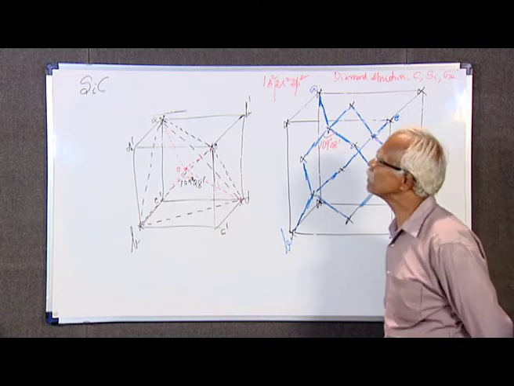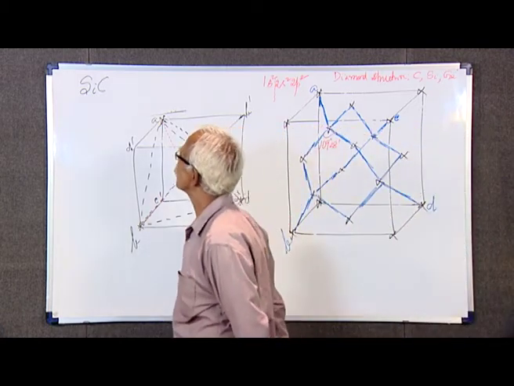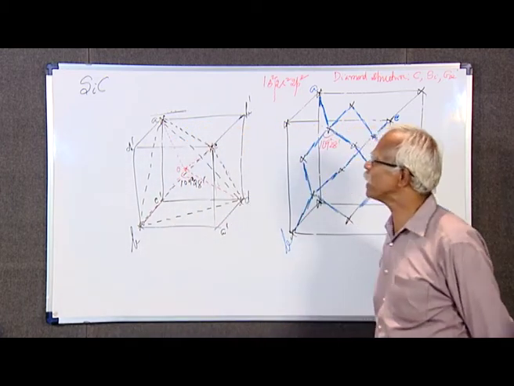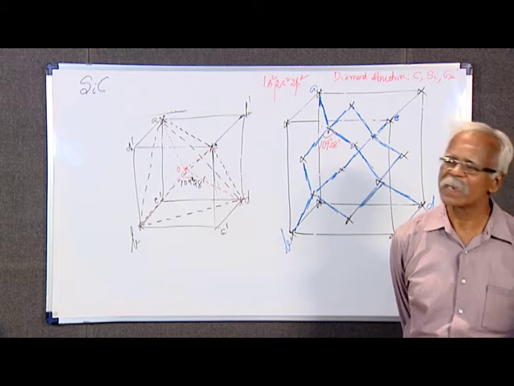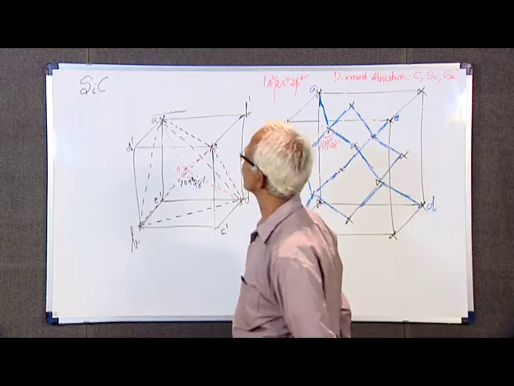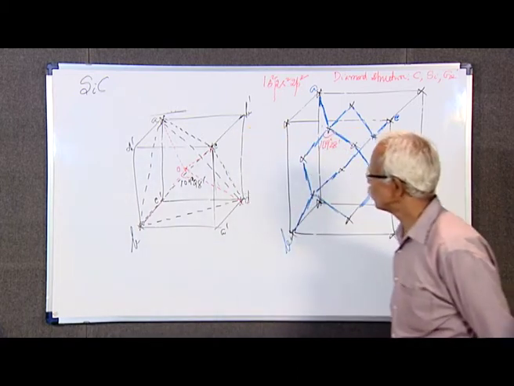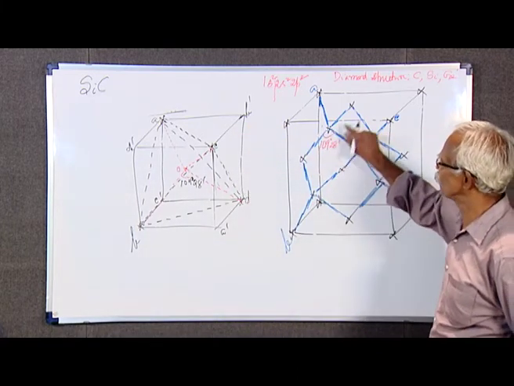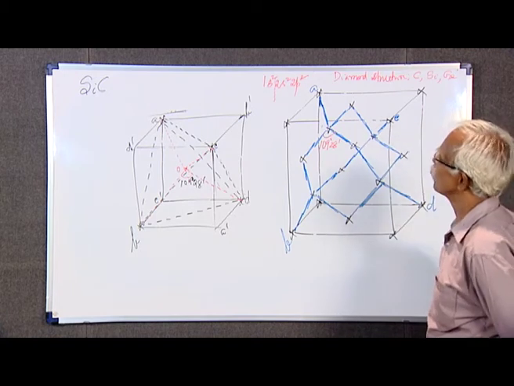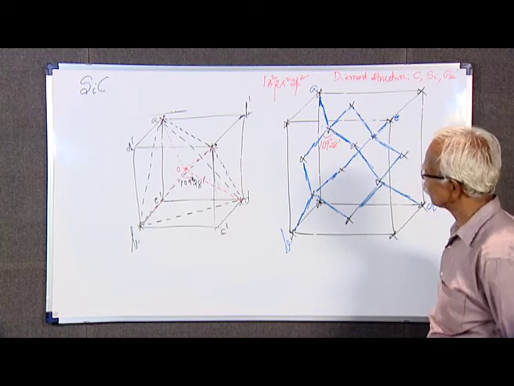Remember, silicon and carbon have equal status here. There should be as many silicon atoms as there are carbon atoms. How will you do that sort of appropriation of locations to silicon and carbon?